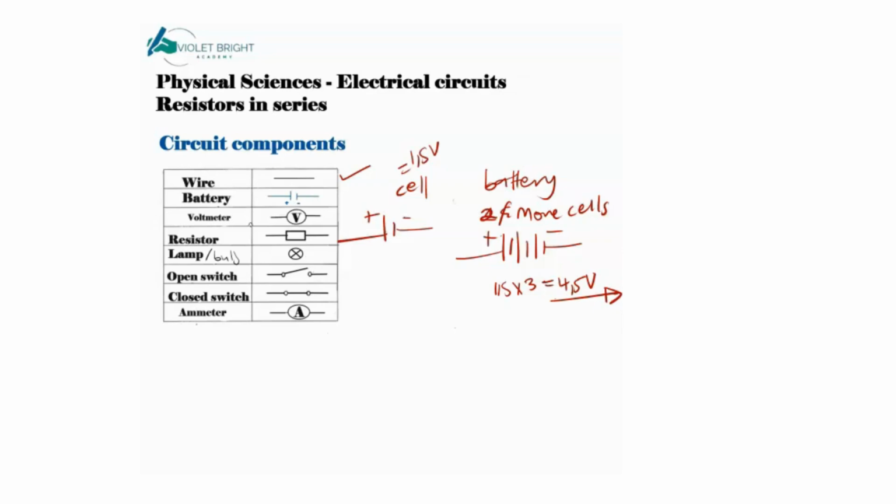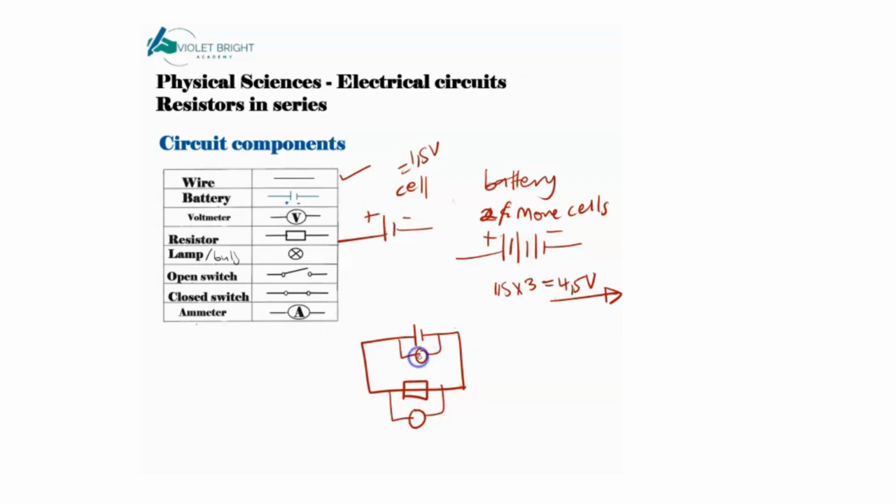So now let's continue. We have a voltmeter. What is a voltmeter? A voltmeter is this device that we usually use to measure the voltage in, let's say, for example, let me just draw a simple circuit. Suppose this is a resistor. Now let's say we have a voltmeter here on the battery.